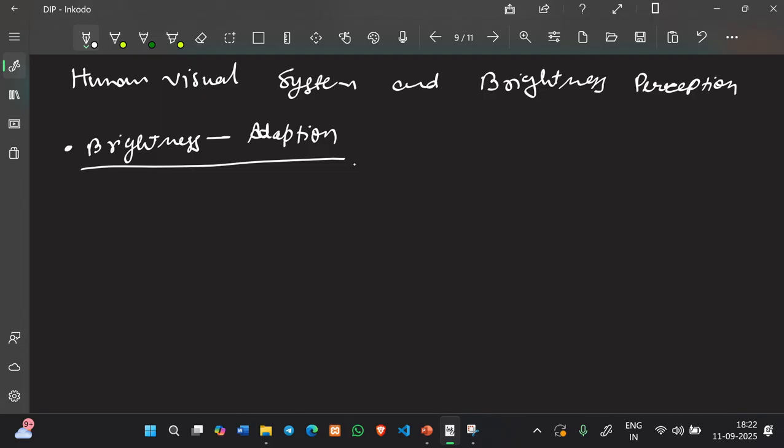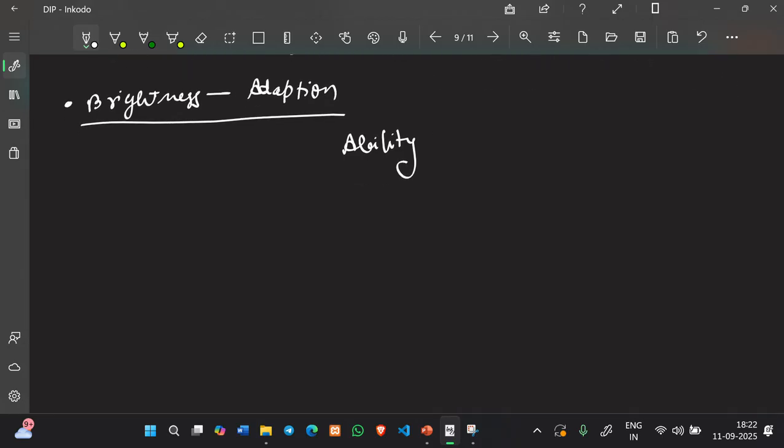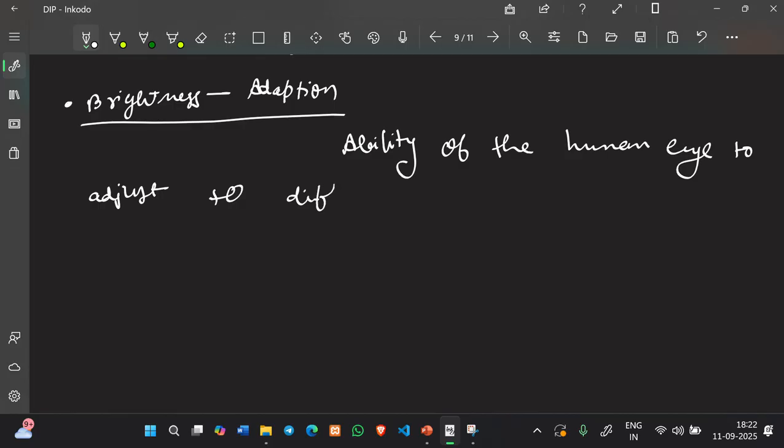It is the ability of the human eye to adjust to different levels of illumination.